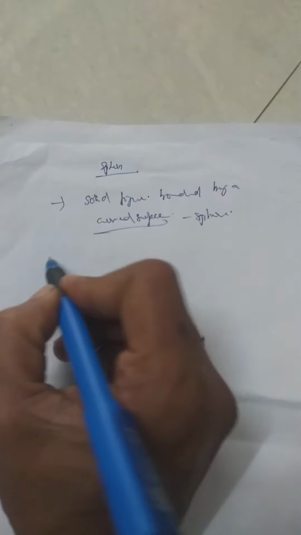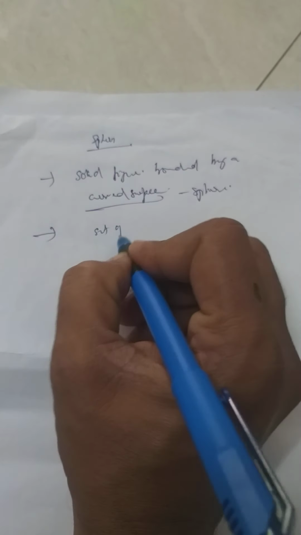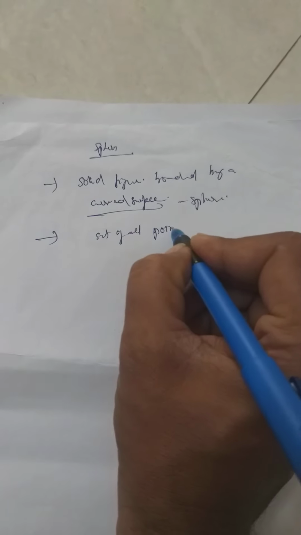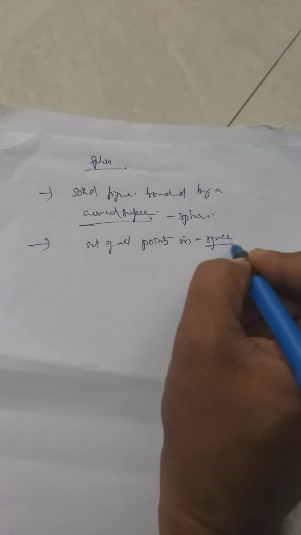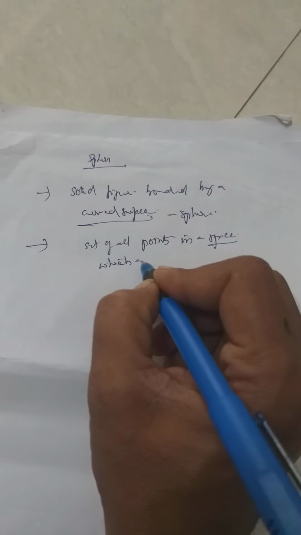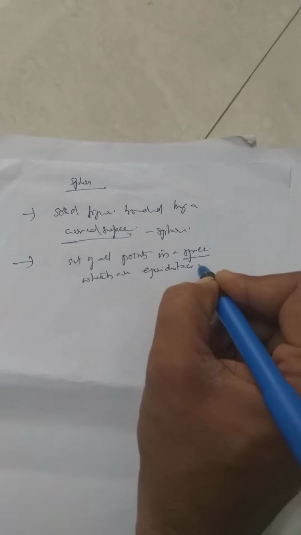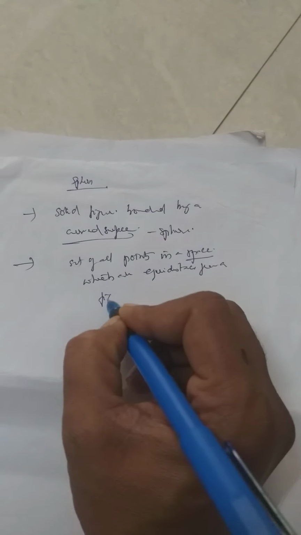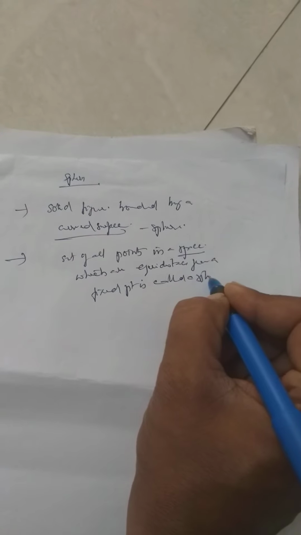This is one definition. Or you can say the collection or set of all points in a space which are equidistant from a fixed point is called a sphere. There are so many definitions.